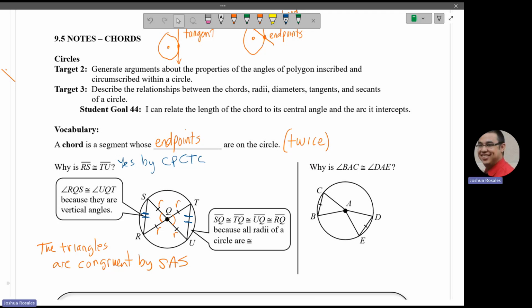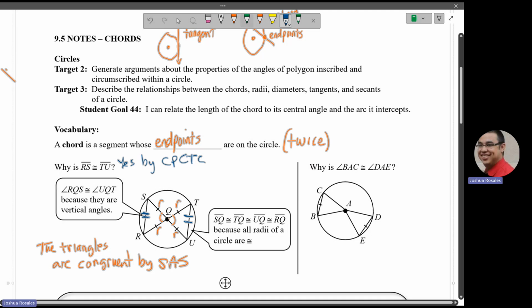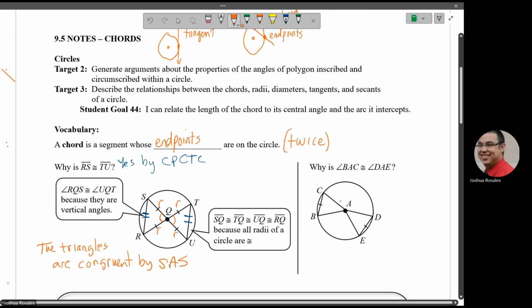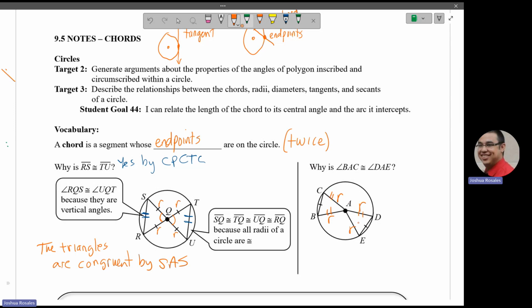If you look at this other circle, we have two triangles. This is a radius right here. It's going to let me draw it in. That's a radius, that's a radius, that's a radius. So all of these are the same.